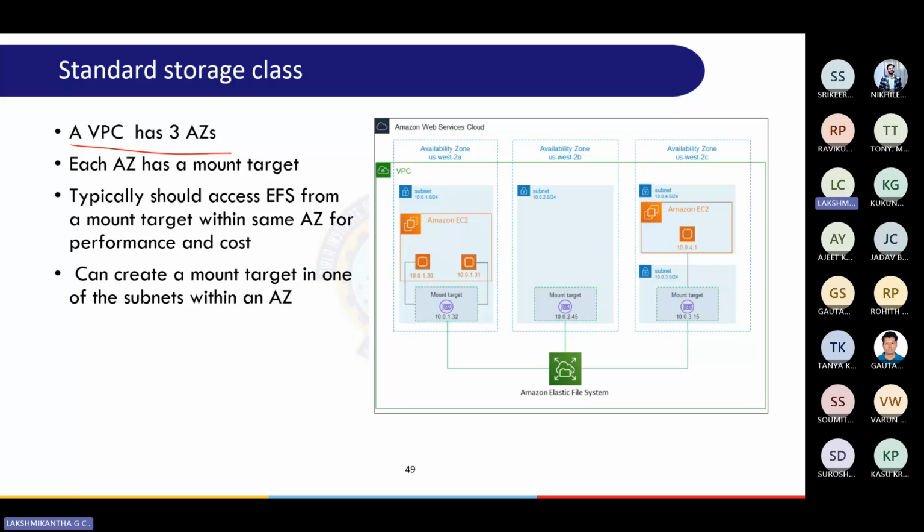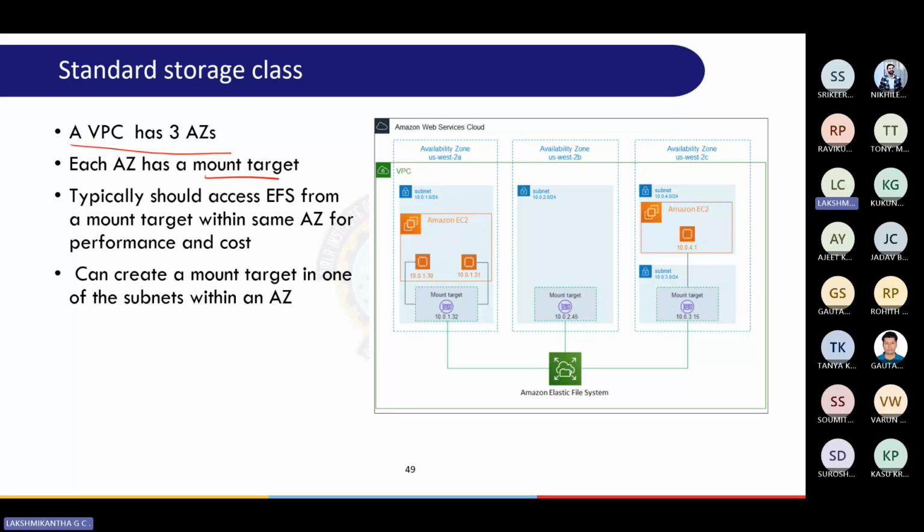You need to connect to it from any of your compute instances. For this connection, you create a mount target in each AZ, guys. In each AZ, you are going to create a mount target. Then what is a mount target? A mount target is simply a network endpoint that allows your EC2 instances within that AZ to access the EFS file system.